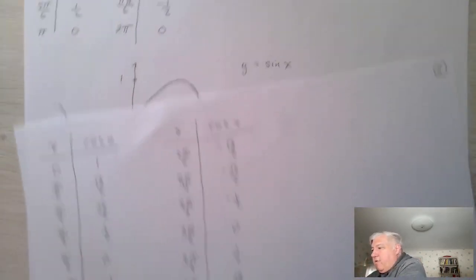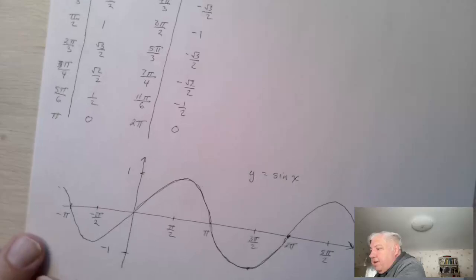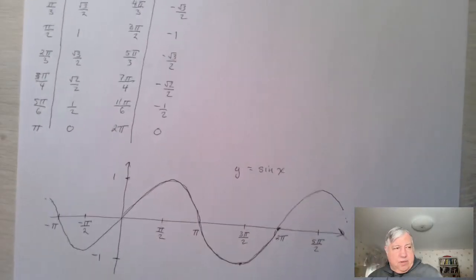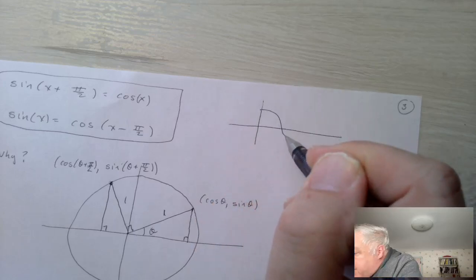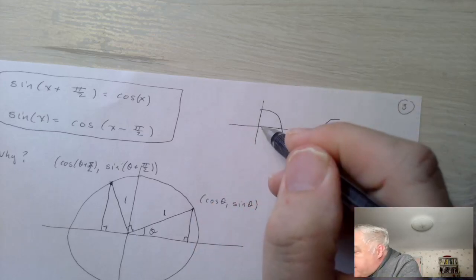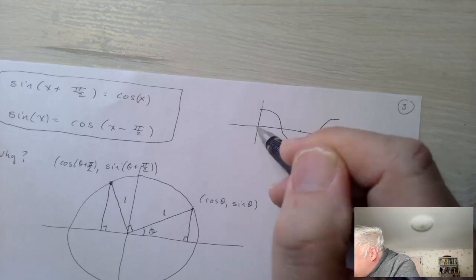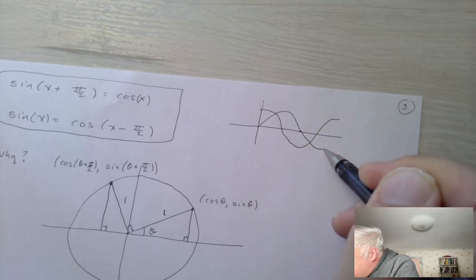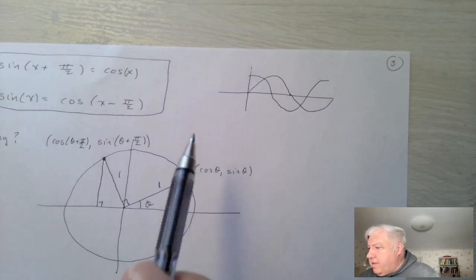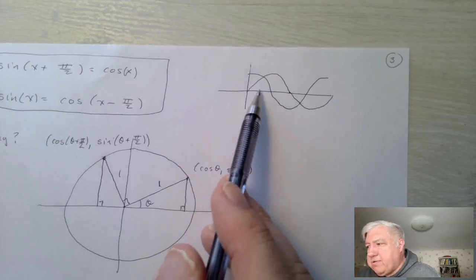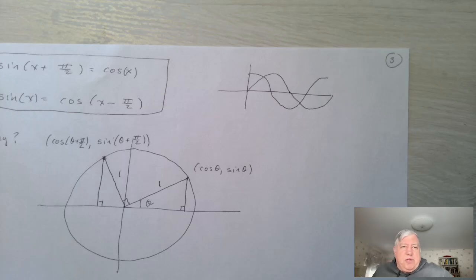So this is the cosine and this is the sine. And you can see that they're almost the same, but they're horizontal shifts of each other.